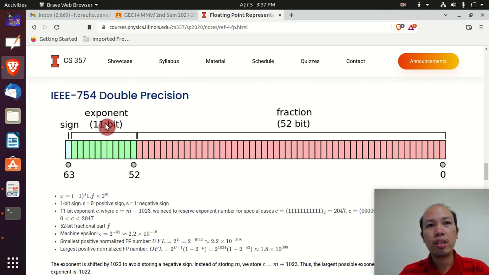We know that the formula is of this form: negative 1 to the s times 1 point f, where f is the fractional part, and this f here is this one. There are 52 bits all in all.